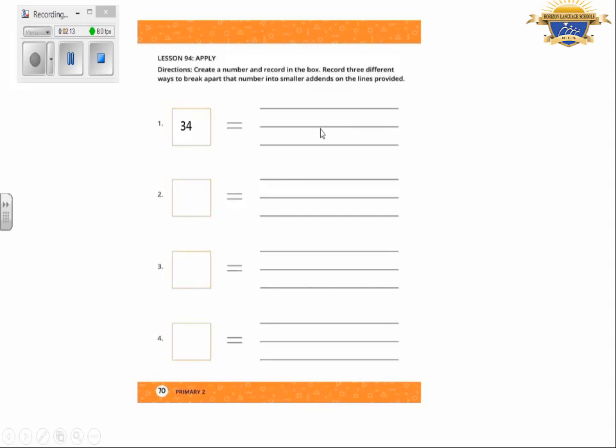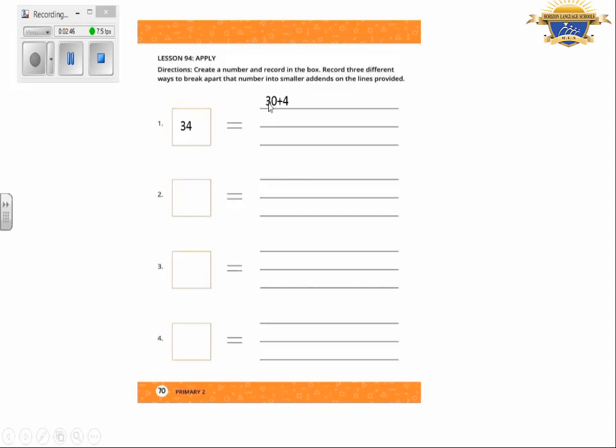So the first decomposing is 30 plus 4. 30 is the place value of number 3 in tens digit, and 4 is the place value of number 4 in ones digit. Okay, let's think of another way to decompose number 34.